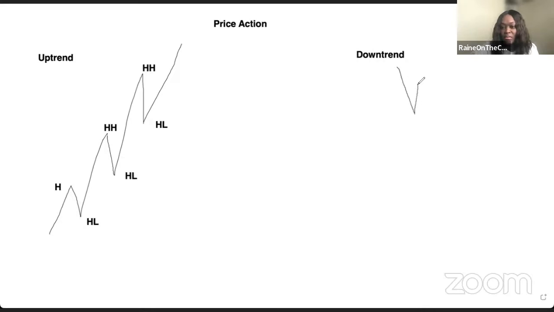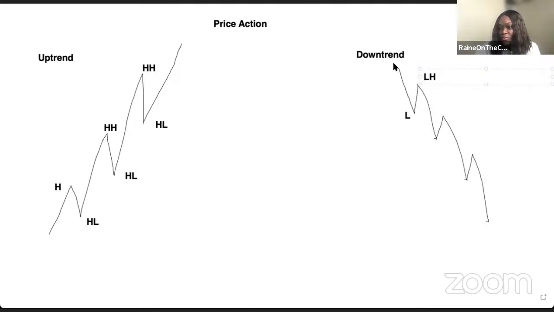We pull back up. All right. So this is going to be a low. And it pulls up, but it's a lower high.